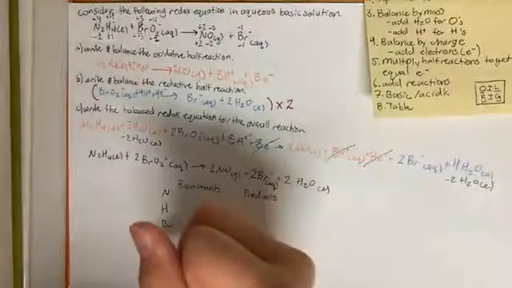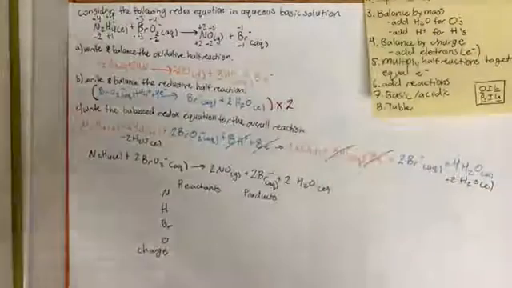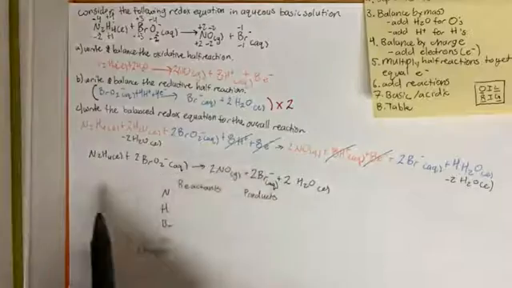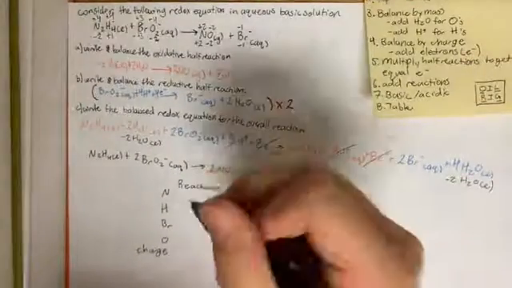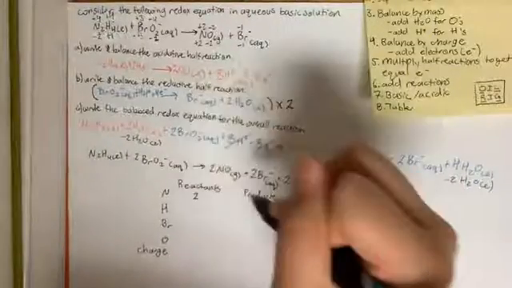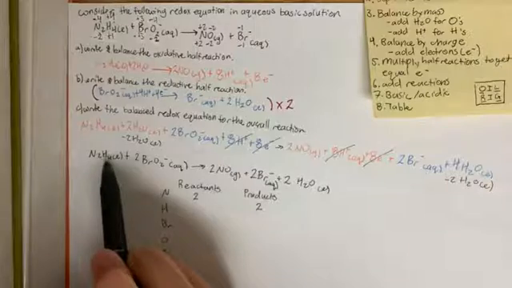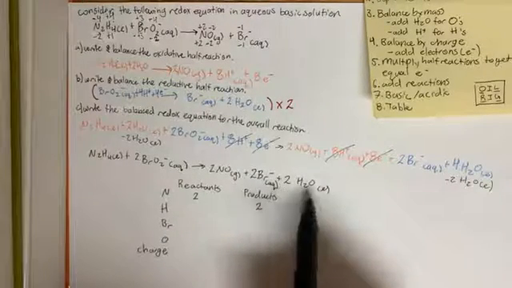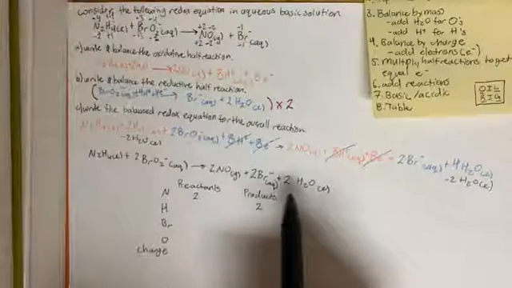And we will add another row for the charge, just to be sure. For nitrogen, we have 2 nitrogens in the reactants and 2 nitrogens in the products. Hydrogens: we have 4 hydrogens here and then 4 hydrogens here. Remember, we will multiply the 2 by the H2, giving us a total of 4 hydrogens.